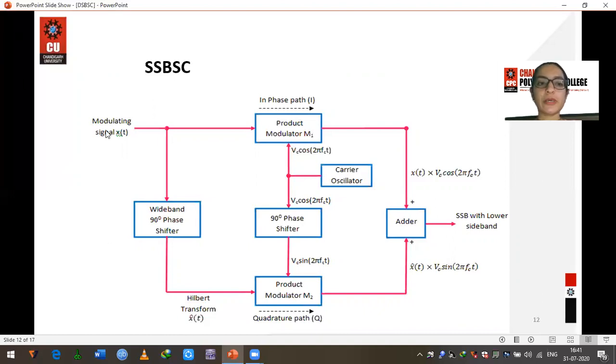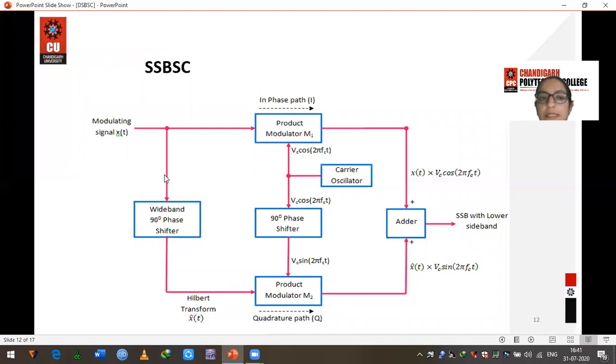Phase shift method. In this method, the modulating signal is applied to product modulator 1 and to a phase shifter. The phase shifter changes the phase by 90 degrees, and that signal is applied to product modulator 2, along with the carrier oscillator signal.